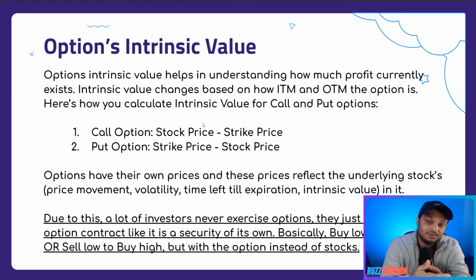You're going to see a lot of people trade Tesla call options, but the majority of them don't have the capital to buy 100 Tesla shares. Right now, I think if you want to buy 100 Tesla shares, you're going to have to pay probably like $70,000. But you can buy a Tesla call for probably a couple of $1,000s. So a fraction of the capital, right? So that's how it is.